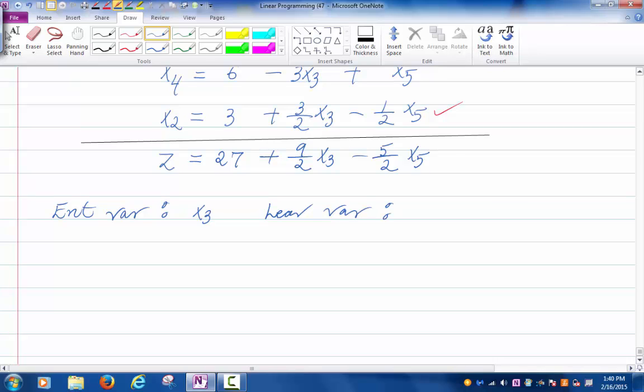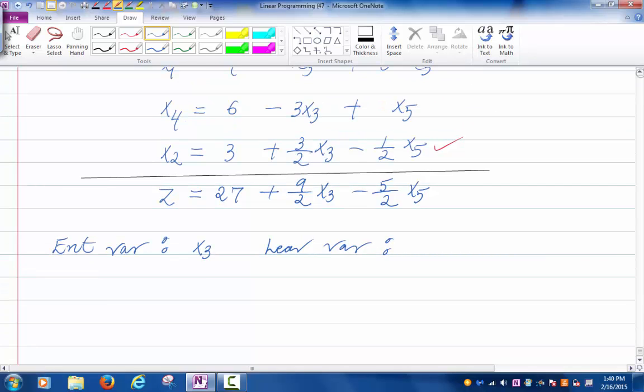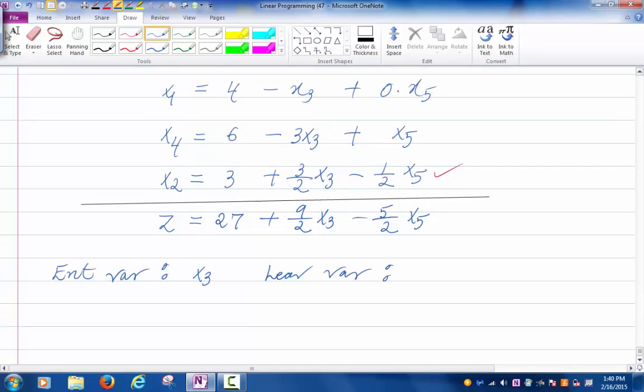Let me show you the entire thing. So which column should I ignore now? The column for x5, because x5 will remain non-basic, which means it's going to remain 0. So my entering is x3. So look at the column for x3 and the constant column.